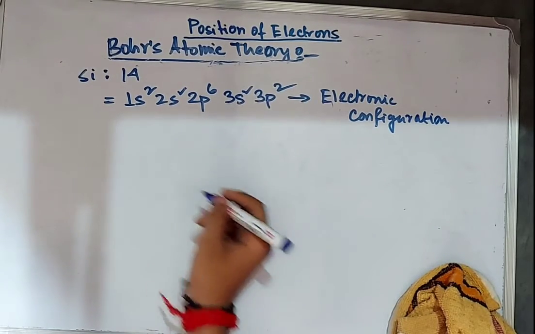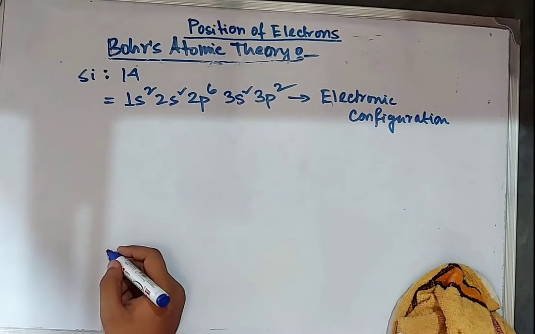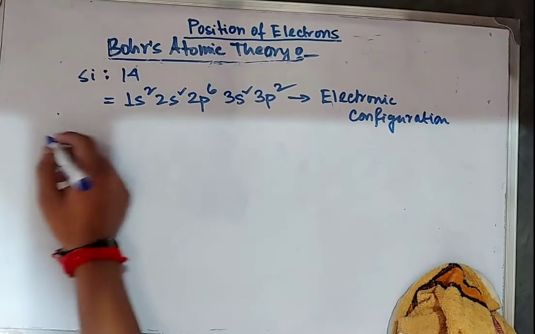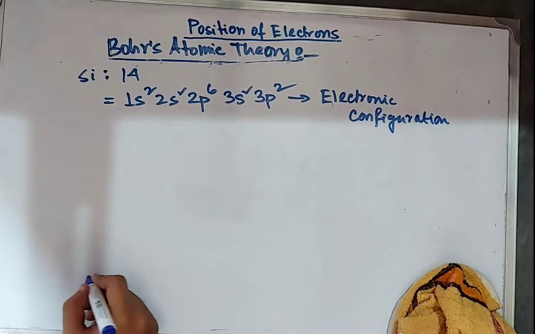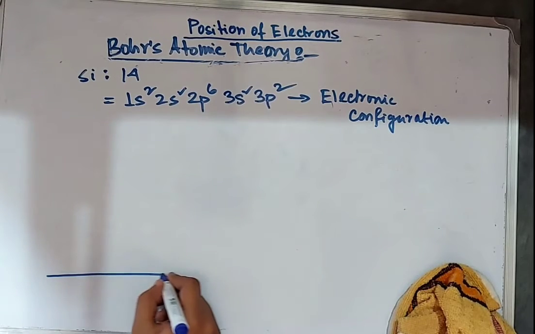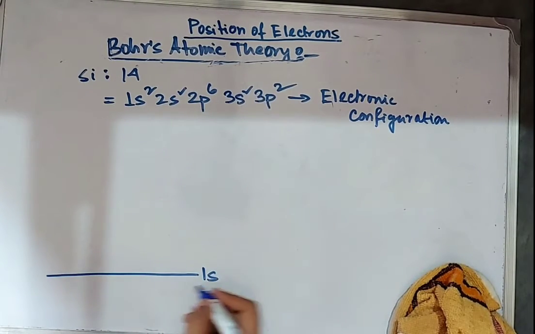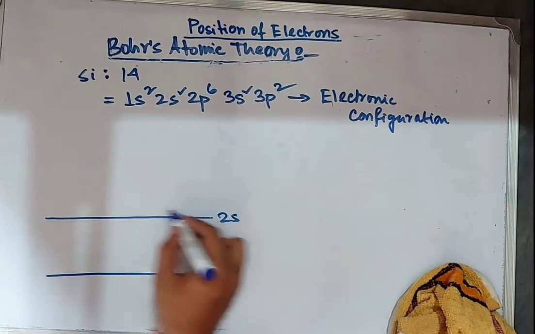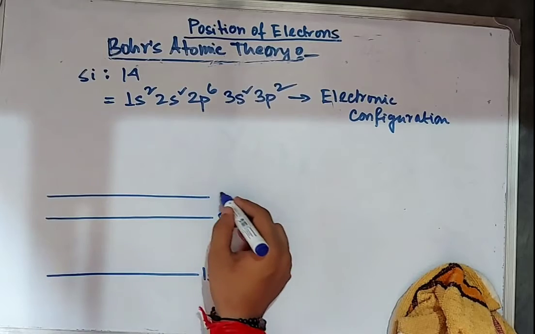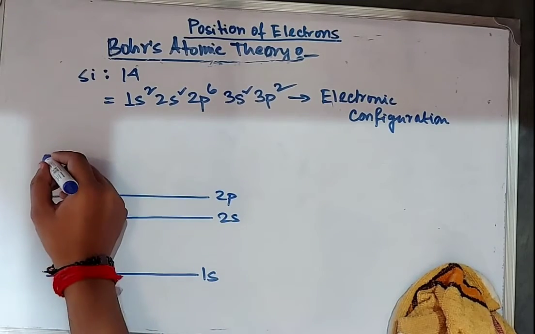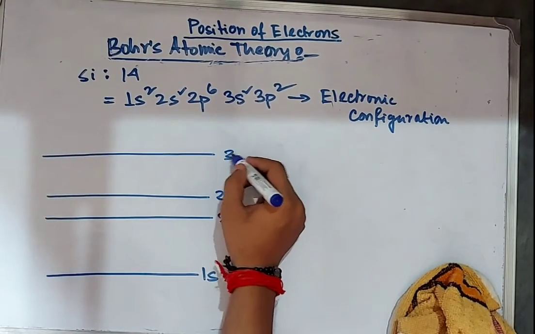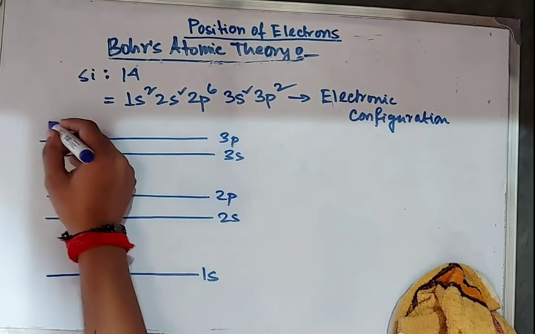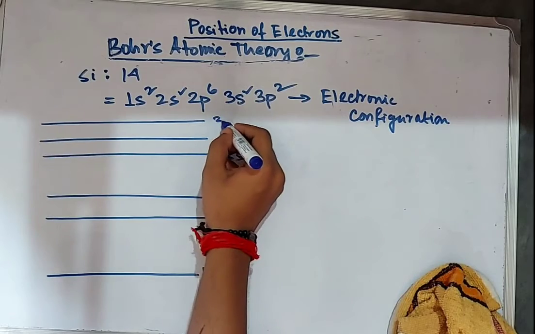Now I will draw the model. Suppose this is the 1s subshell, this is 2s, 2p, this is 3s, 3p, 3d.